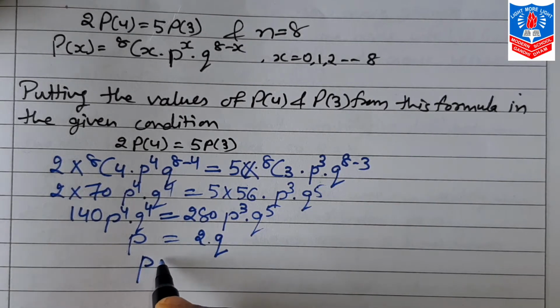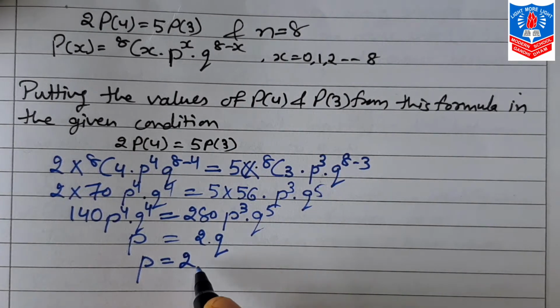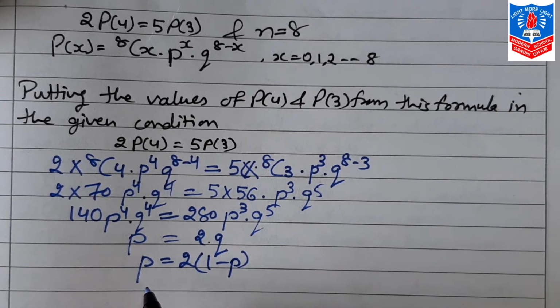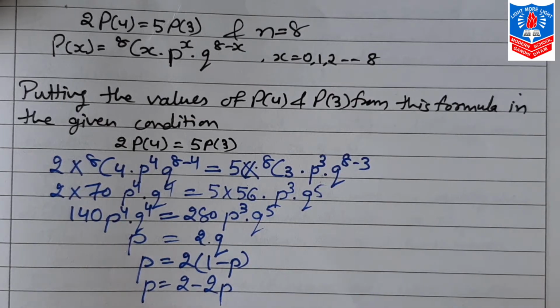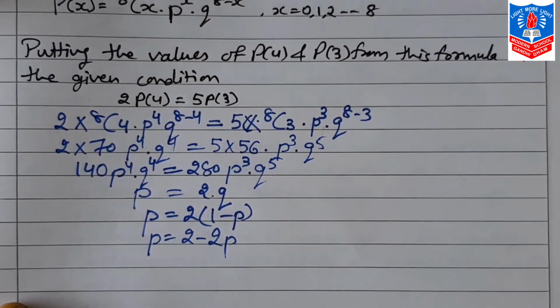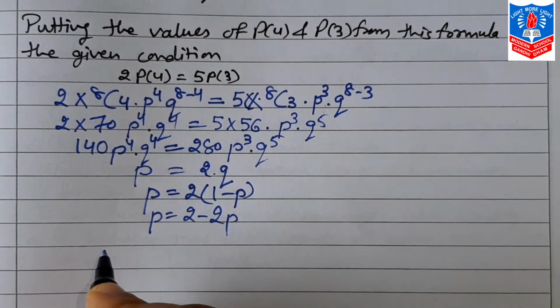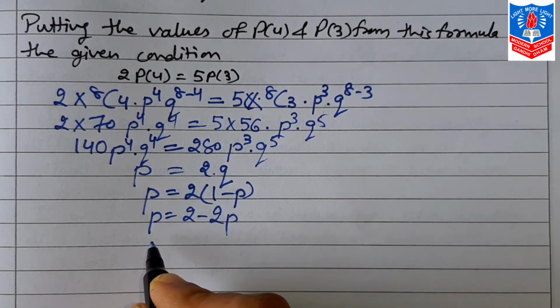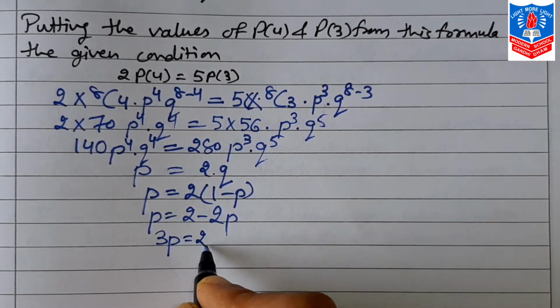Now we want the values of p and q. So in the place of q, I can write 1 minus p. So this will now be 2 minus 2p, and this is equal to p. So the minus 2p, if I take this side, will be plus 2p. p plus 2p will be 3p is equal to 2.